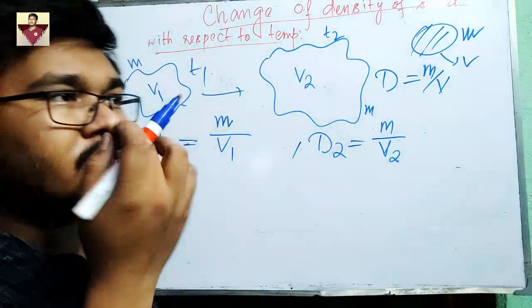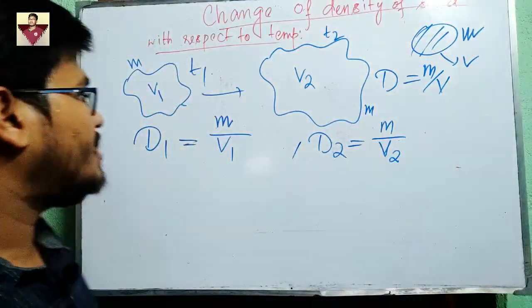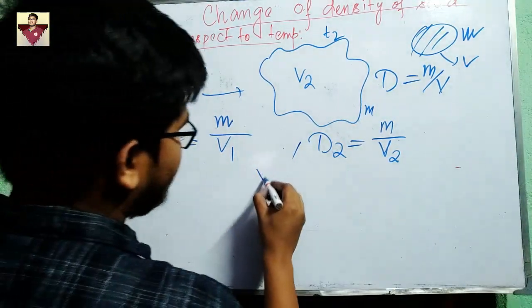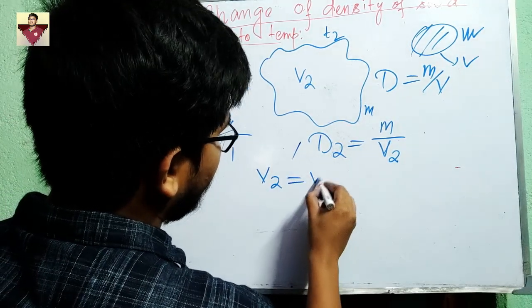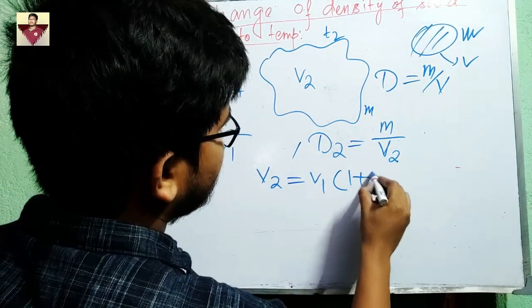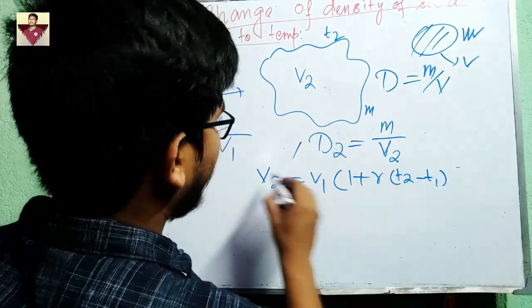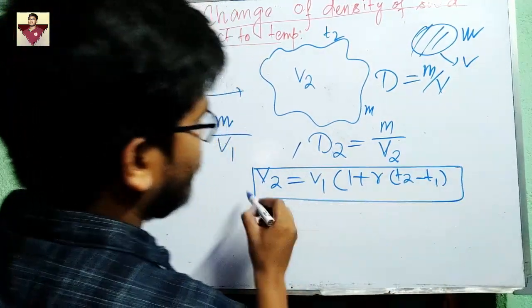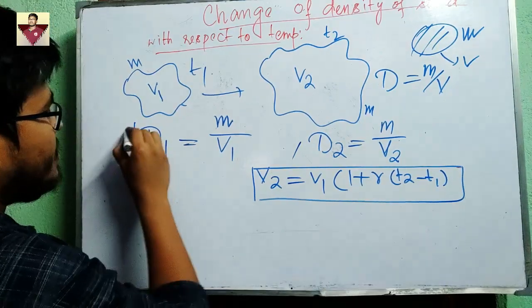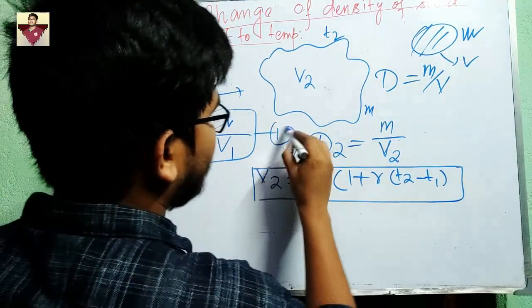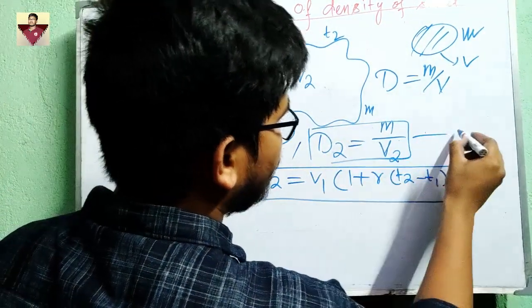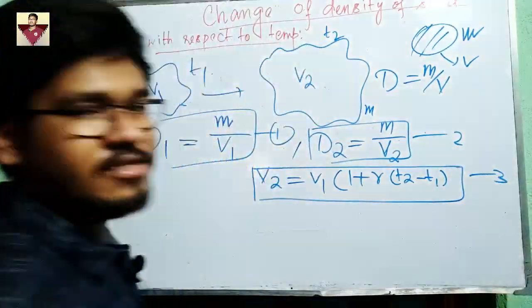Now you know that V2 has a relation with V1, that you can write as V2 equal to V1 into 1 plus gamma into T2 minus T1. Let's say this is your equation 1, this is your equation 2, and this is your equation 3.